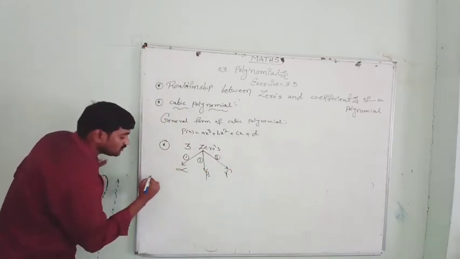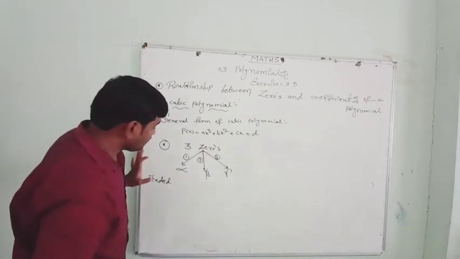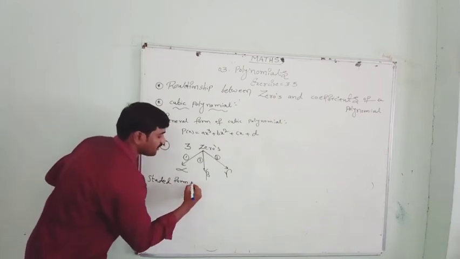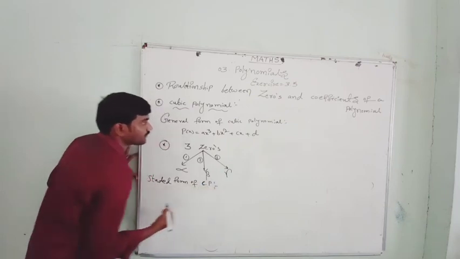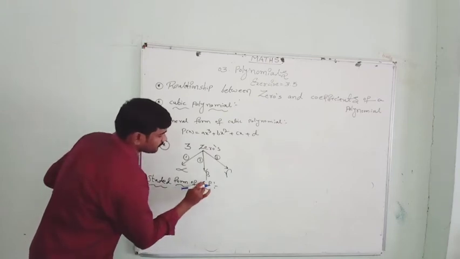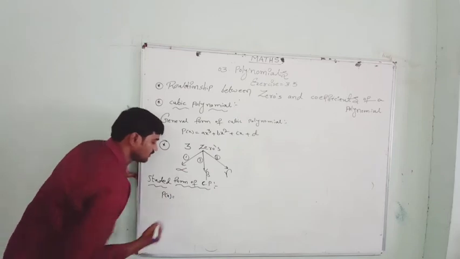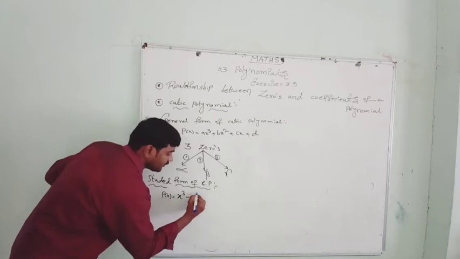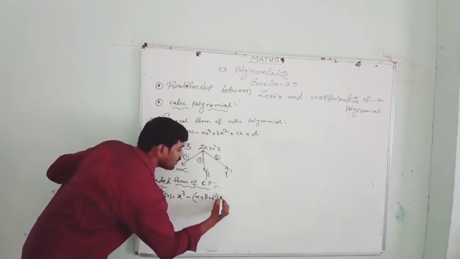Next we have to learn about the standard form of a cubic polynomial. p of x equal to x cube, positive, then negative, alpha plus beta plus gamma into x square.